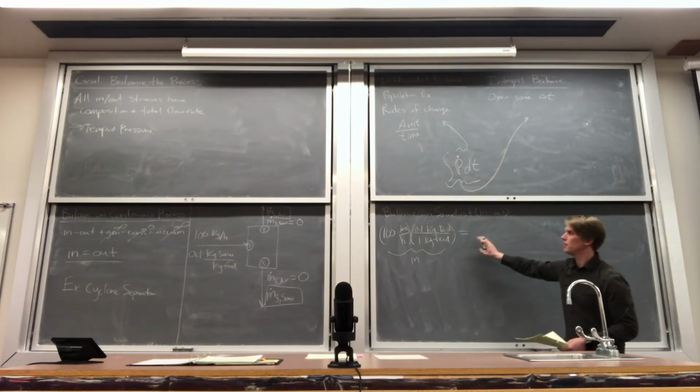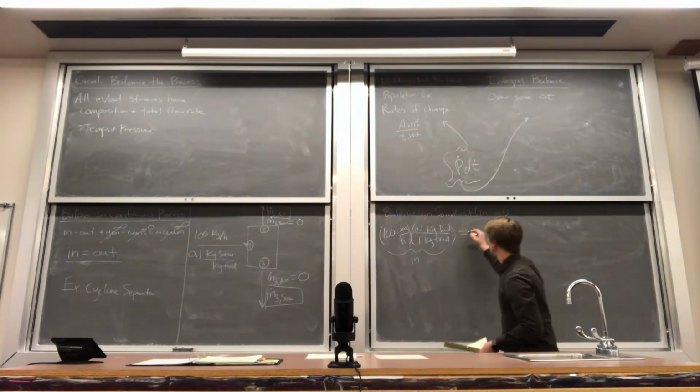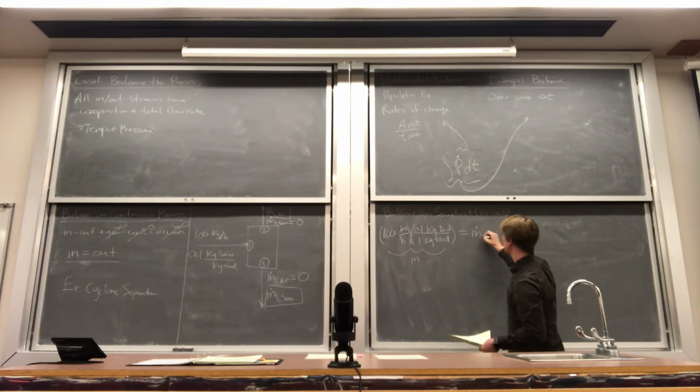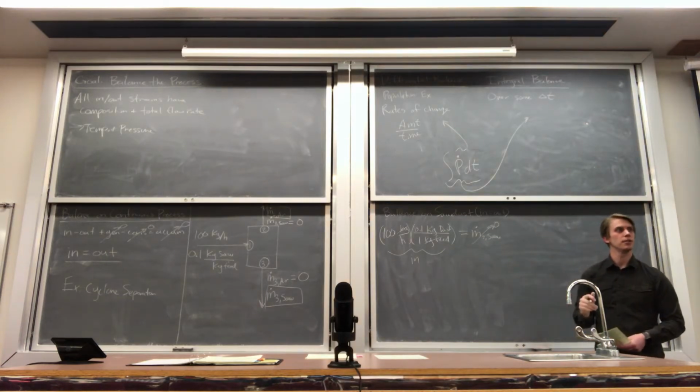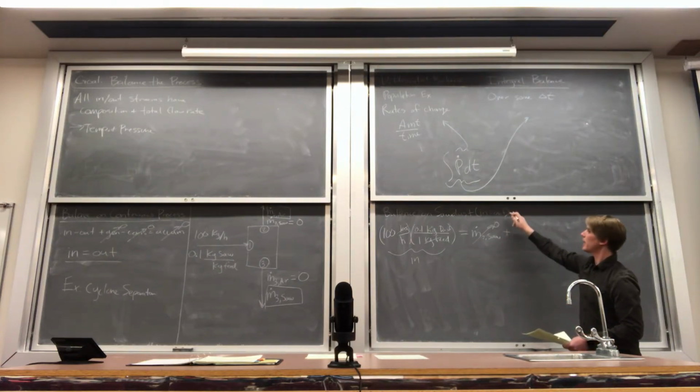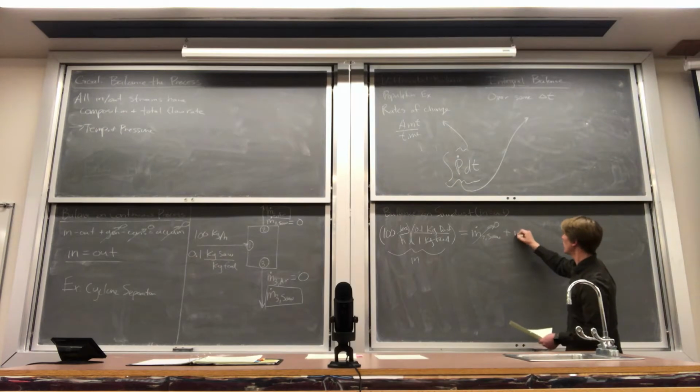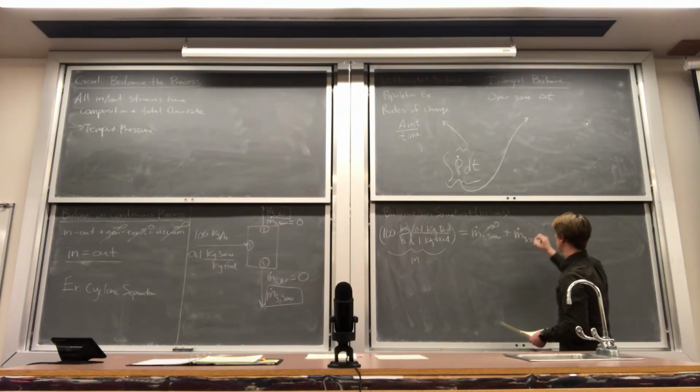Coming out of the system, we potentially have some mass flow rate of sawdust for stream 2. We already have said that that approximation is 0. And coming out of the system, we have material coming out of the bottom, which is m dot 3 for the sawdust.